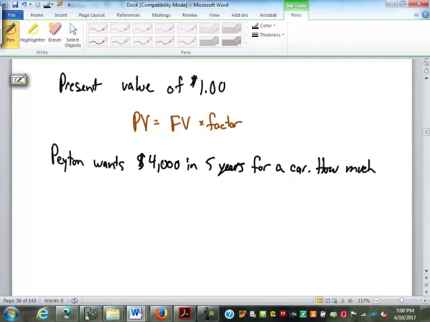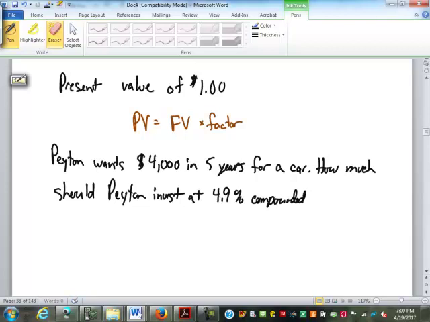How much should Peyton invest at 4.9%? I can't do 4.9%, so let's go 6% compounded quarterly.